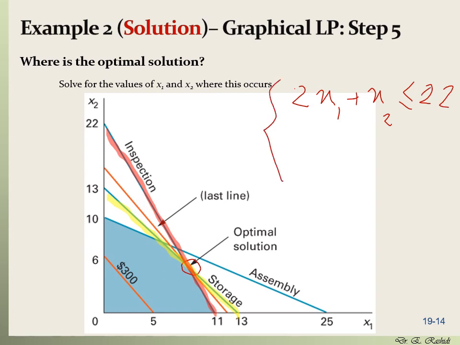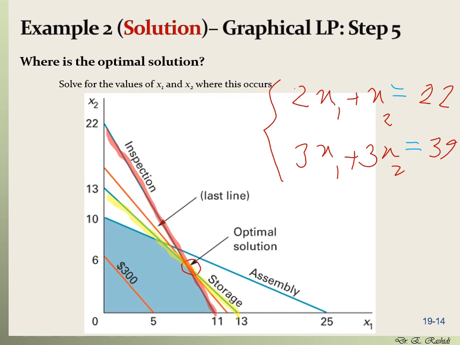And for storage it's 3x1 plus 3x2 less than or equal to 39. But here we are dealing with a line, so I'm going to convert these to equalities.